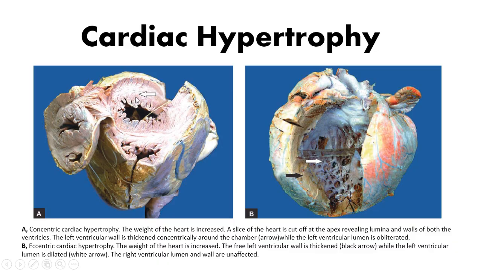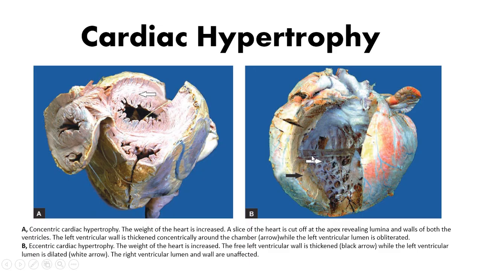If there is thickening of the ventricular wall, the lumen of the ventricles will be smaller. This is what we call concentric hypertrophy: thickening of the ventricular walls, but with a smaller lumen.